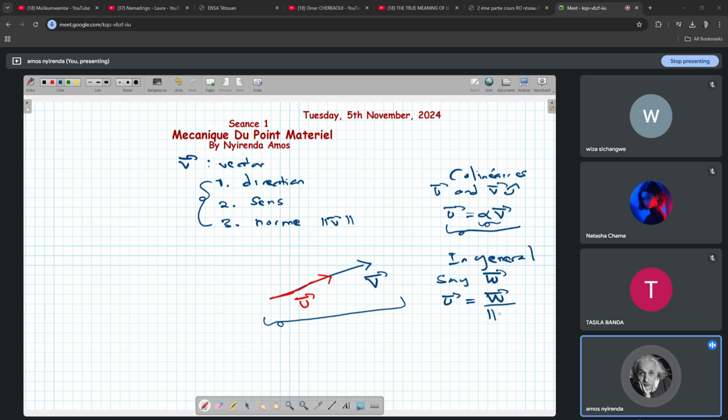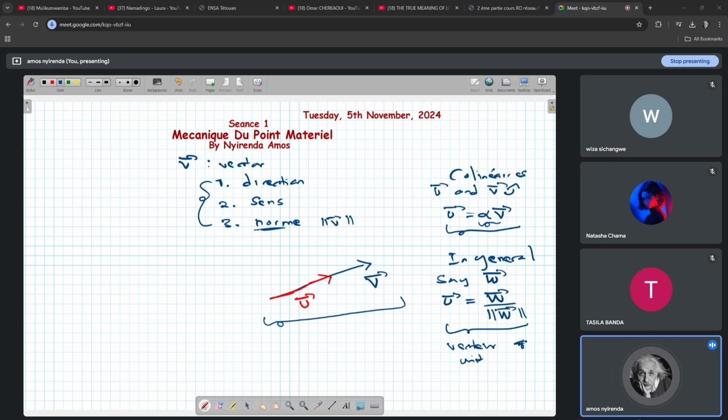Norm is different from the absolute value, right? The norm and the absolute value are different. So I'm talking about the norm of the vector, just like I've written here. So we divide a vector by its norm. What we're going to get is a vector of unit length. Now I'm sure that most of you are familiar with this, so I'm just going to cruise here.